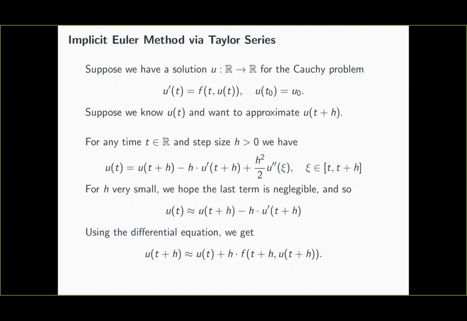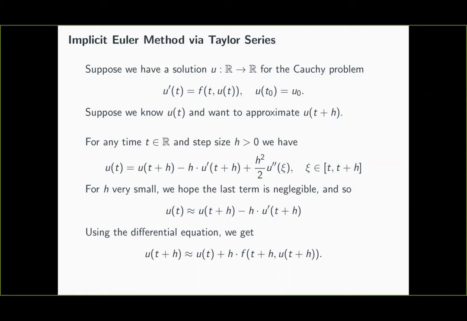The identity that we get is u of t equals u of t plus h minus h times u prime of t plus h plus h squared over 2 times u prime prime of xi, where xi is taken from the interval between t and t plus h.